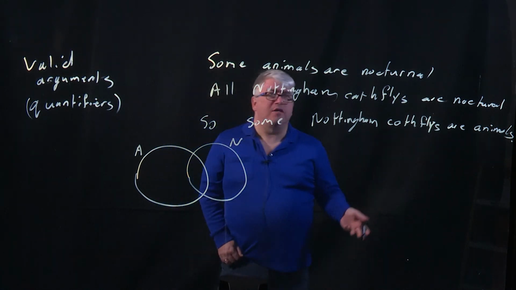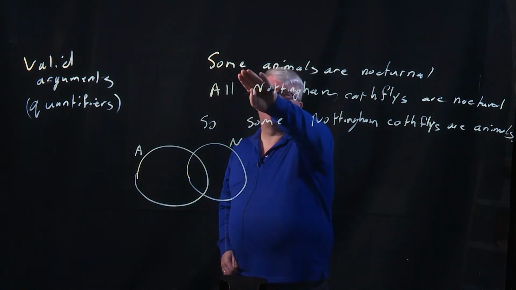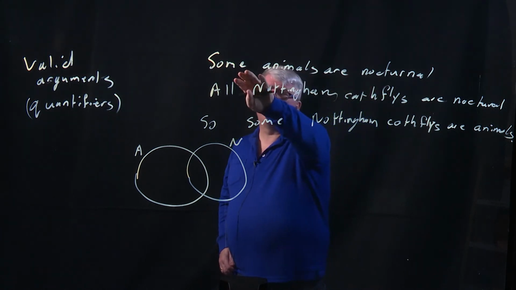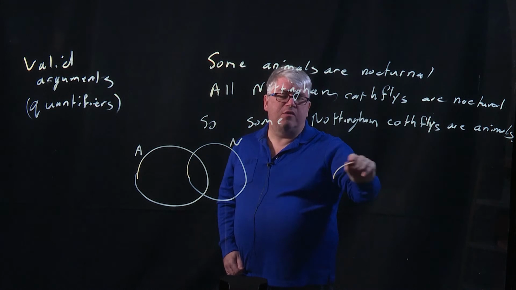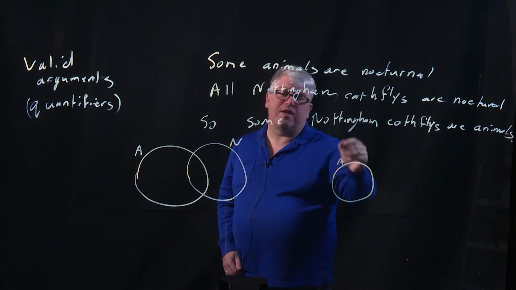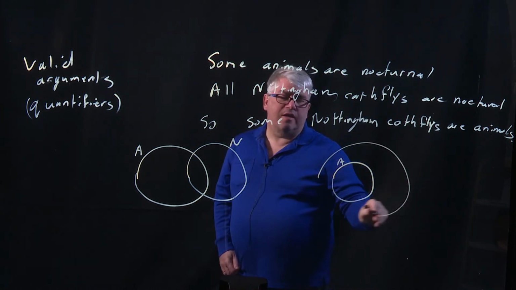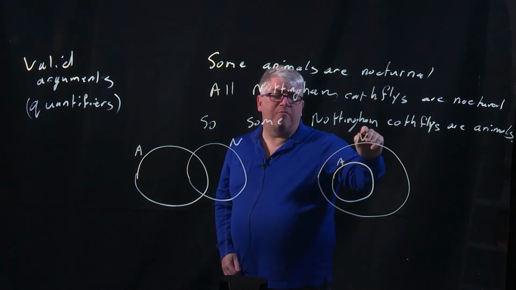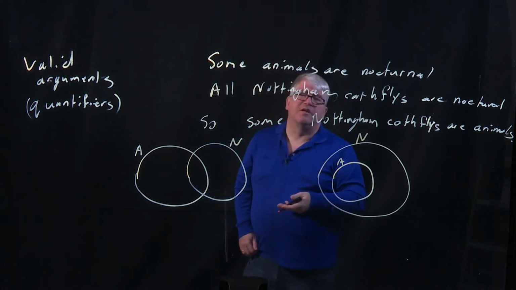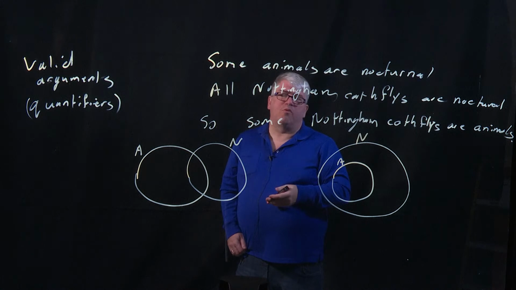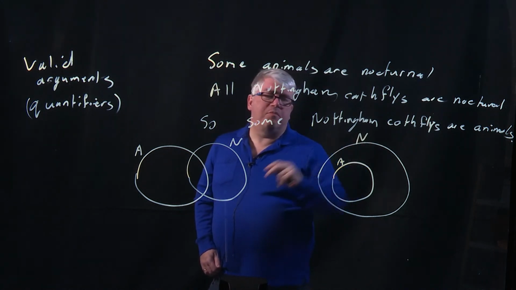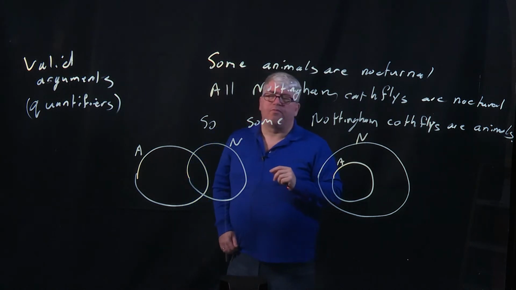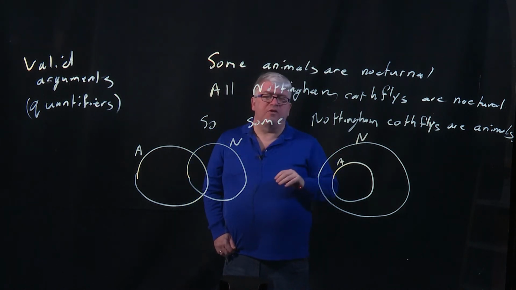Now another possibility, and the way math goes about this, is there is an animal that is nocturnal, but maybe every single animal is nocturnal. We know that's not the case in real life, but I'm looking at the validity of the argument, and it's more the flow of the quantifiers. So this would be possible. Okay, so I've so far got two possibilities.